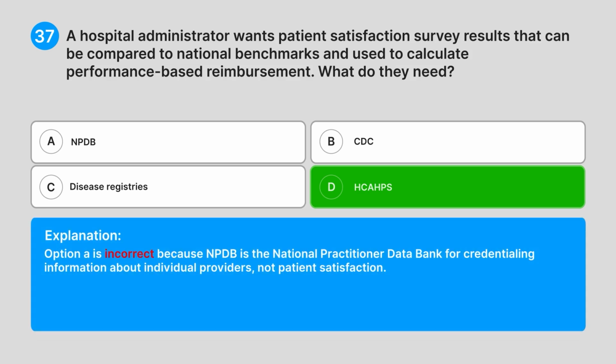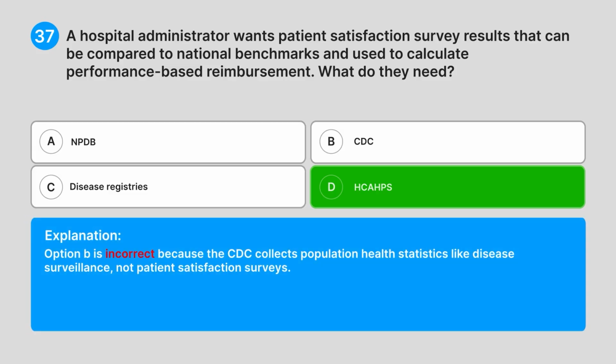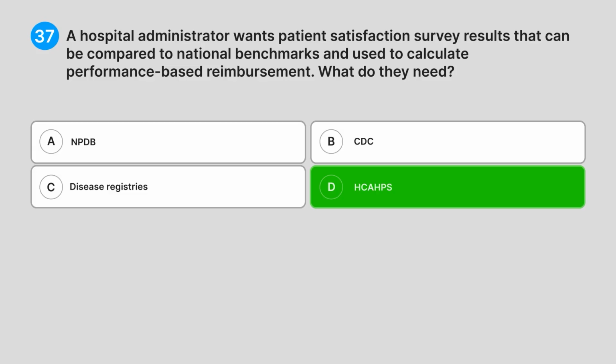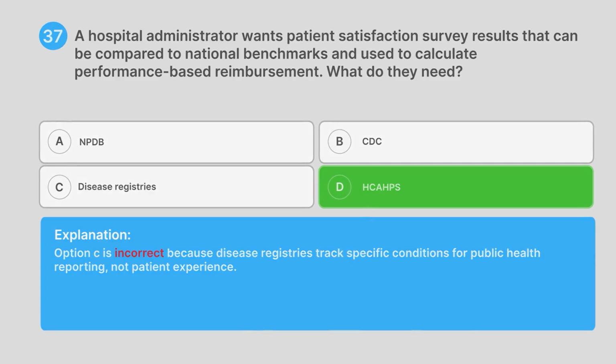Option A is incorrect because NPDB is the National Practitioner Data Bank for credentialing information about individual providers, not patient satisfaction. Option B is incorrect because the CDC collects population health statistics, like disease surveillance, not patient satisfaction surveys. Option C is incorrect because disease registries track specific conditions for public health reporting, not patient experience.